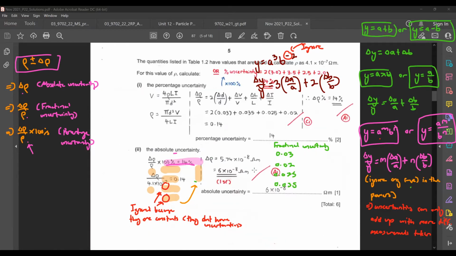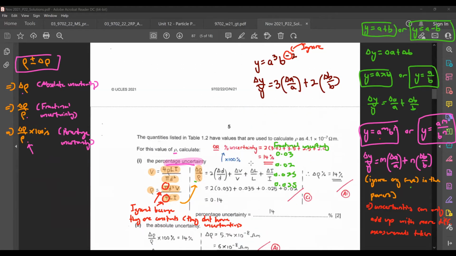Okay, whatever I have here was actually all in fractional uncertainty. So all you just need to do is sub those values in. You're going to get something like this. So here you're going to get the fractional uncertainty of resistivity as 0.14. But since they want the percentage uncertainty, you just multiply by 100%, you're going to get 14%.